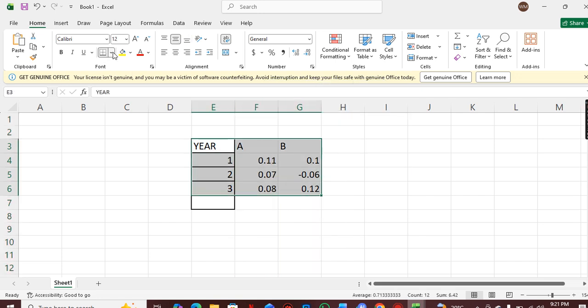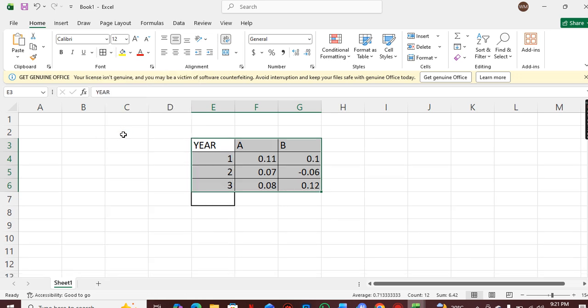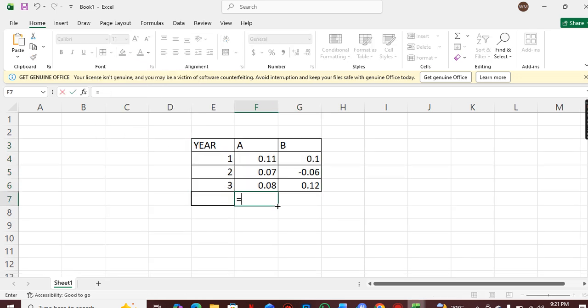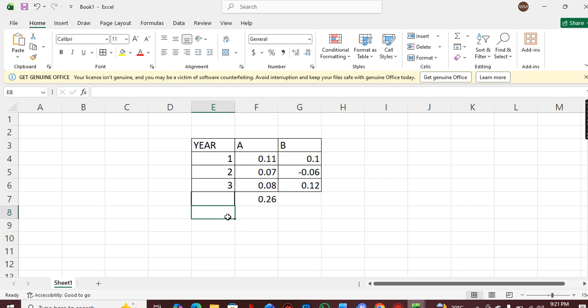So we calculate the average. We just add the numbers up. 0.11 plus 0.07 plus 0.08, you get 0.26. Since there are three numbers there, we're going to divide by 3.